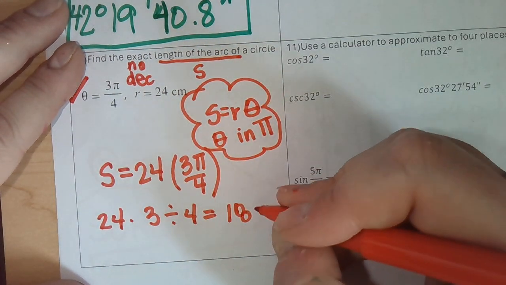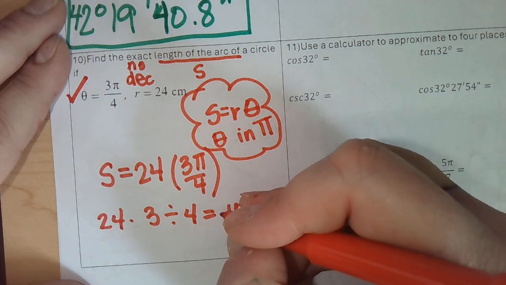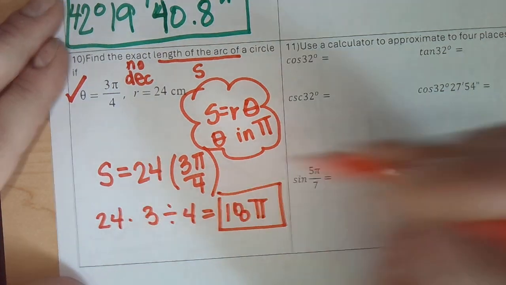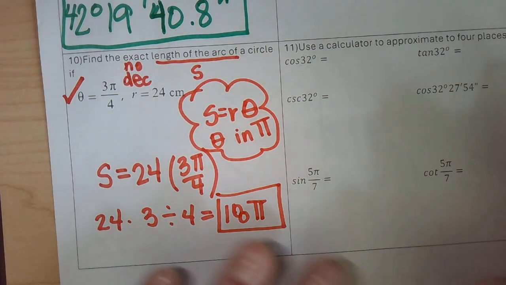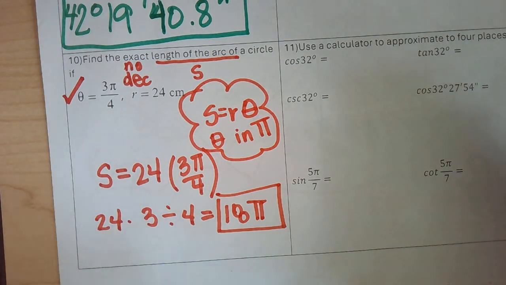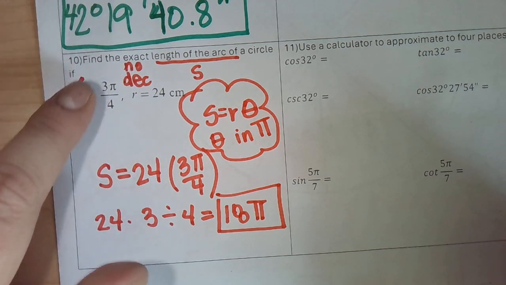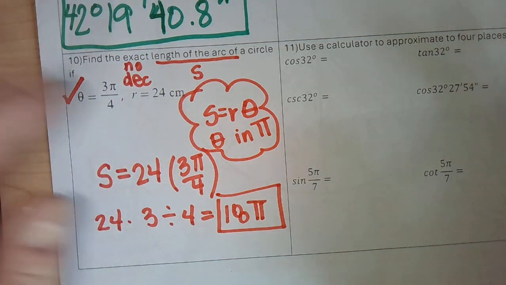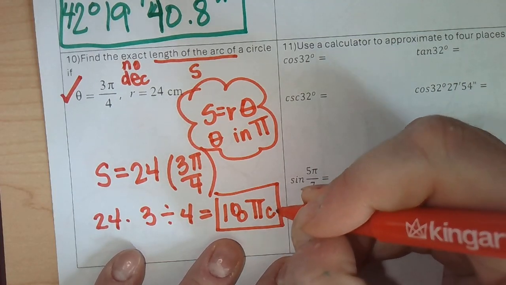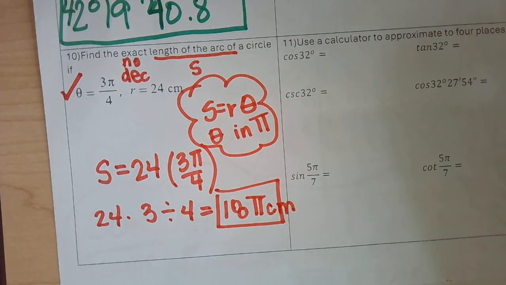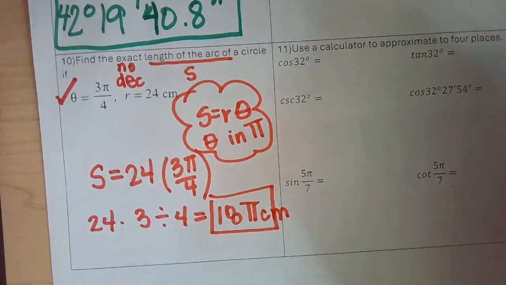Yeah, 18, and then we slap the pi on. So the length of that arc on the circle is 18 pi long. And we need a measurement, like meters, millimeters, centimeters. 18 pi, and then centimeters. And it did not say anything about the decimal, so don't write the decimal.